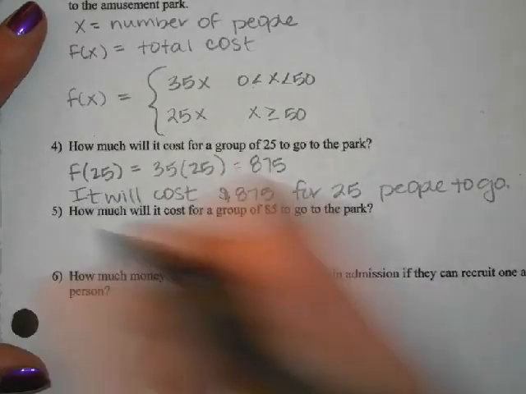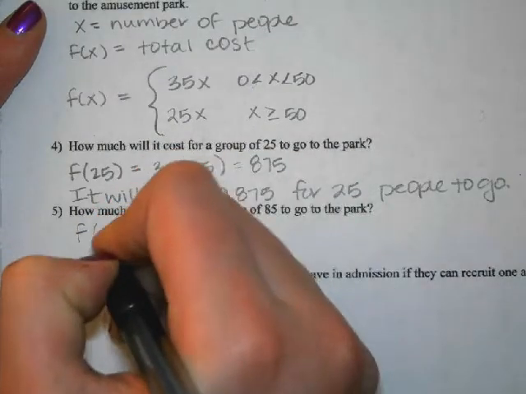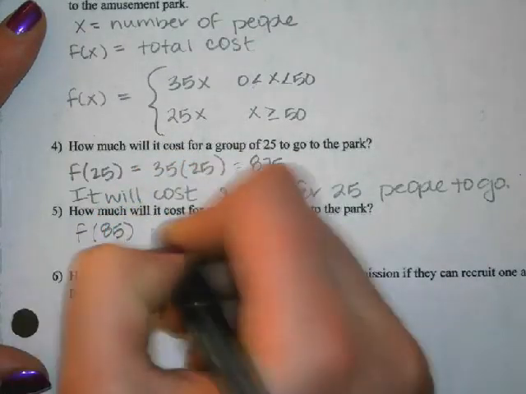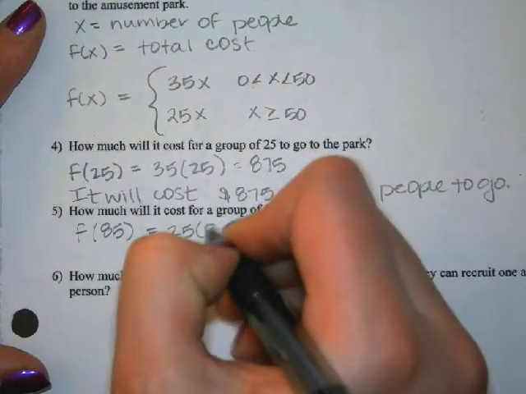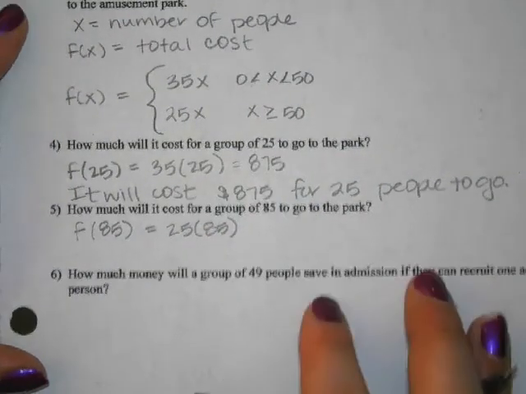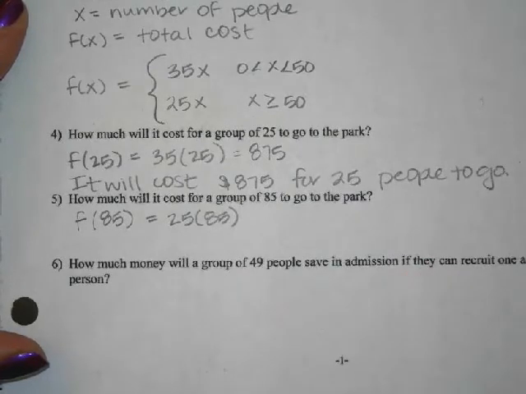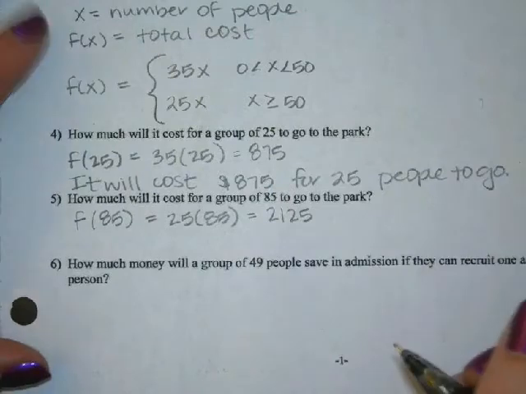All right, so next, how much will it cost for a group of 85 to go? We're going to say f of 85. And which piece are we using? So 25 times 85. If you need to get up and grab a calculator or trade something for a calculator, that's totally fine. Okay. 2185.